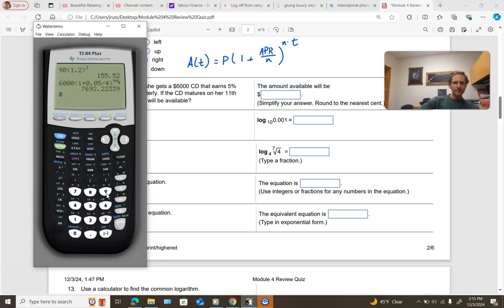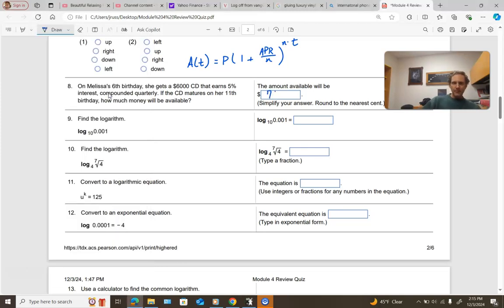And we hit enter. This is the amount. It says round to the nearest cent, so this would be $7,692.22. Okay, so just make sure you guys round to the nearest cent.